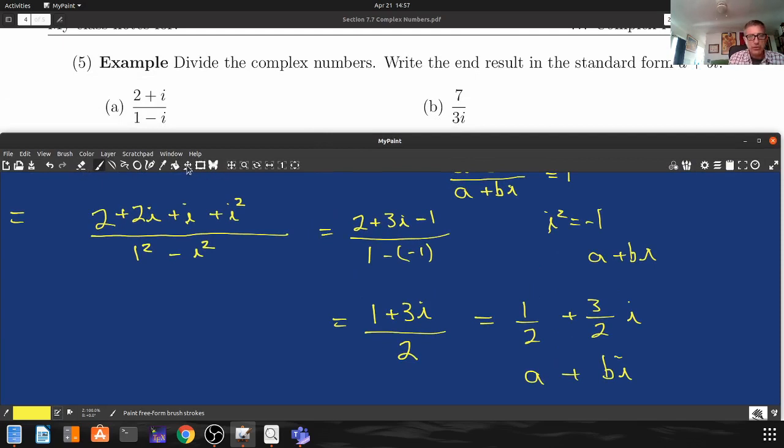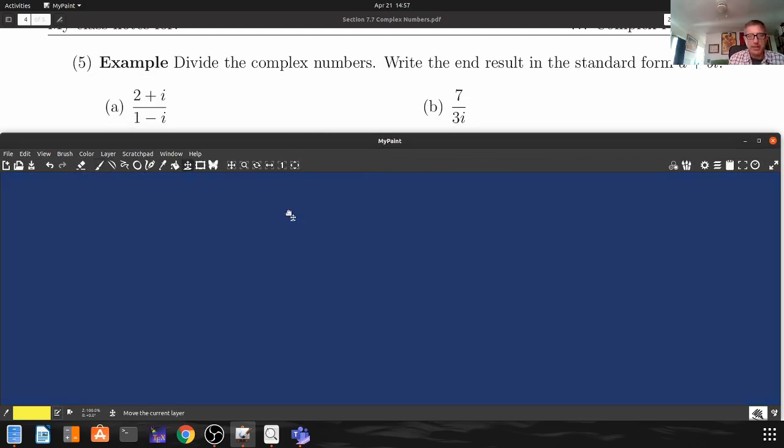Now I'm going to tell you a trick on number b. If you get one of these, it'll be like number b. You'll get to do examples like number 5a when we get to college algebra. I'm going to keep everything really basic because you're getting hit with an awful lot of new stuff here in the last two weeks. 7 over 3i.